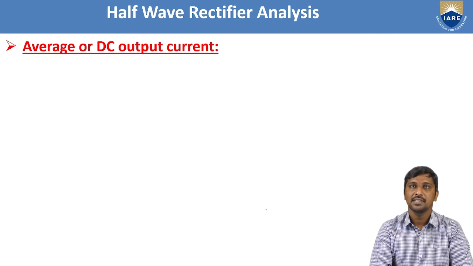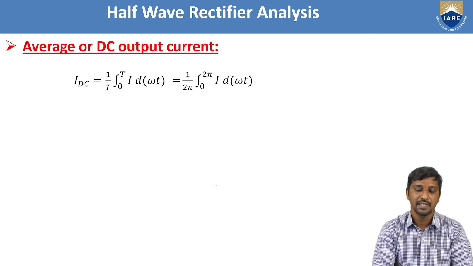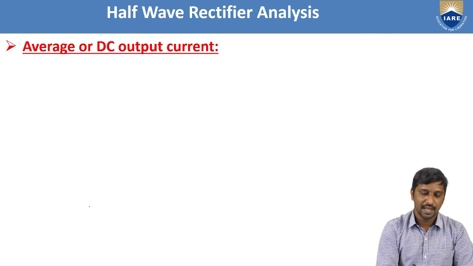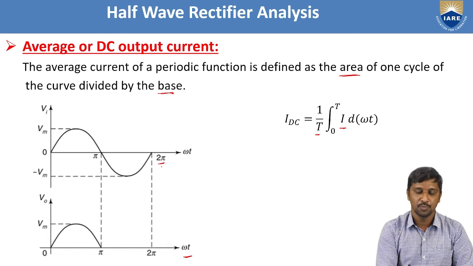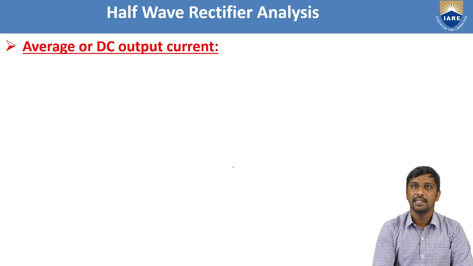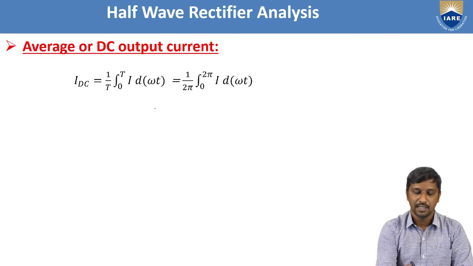Using this formula, based on the definition and the graphical response, the base is 2 pi, and the duration is one cycle, so the interval is 0 to 2 pi of I into d omega t.